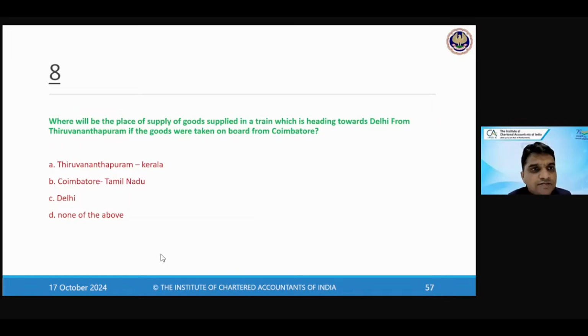Last MCQ. Where will be the place of supply of goods supplied in a train which is heading towards Delhi from Tirunelveli, if the goods were taken on board from Coimbatore?